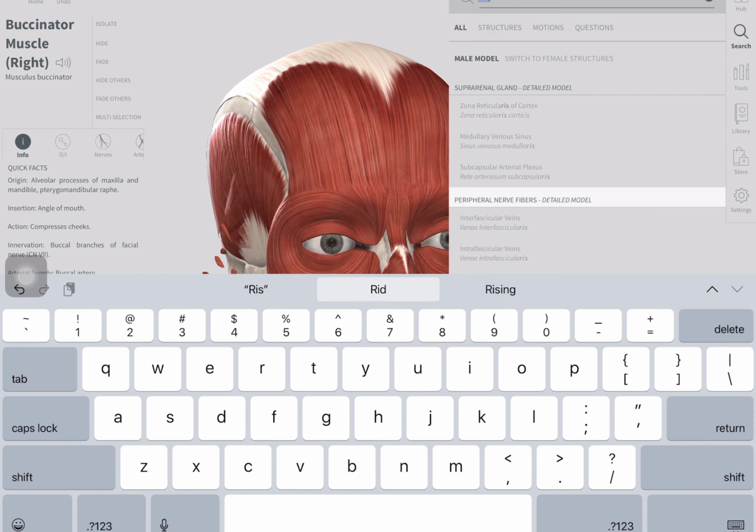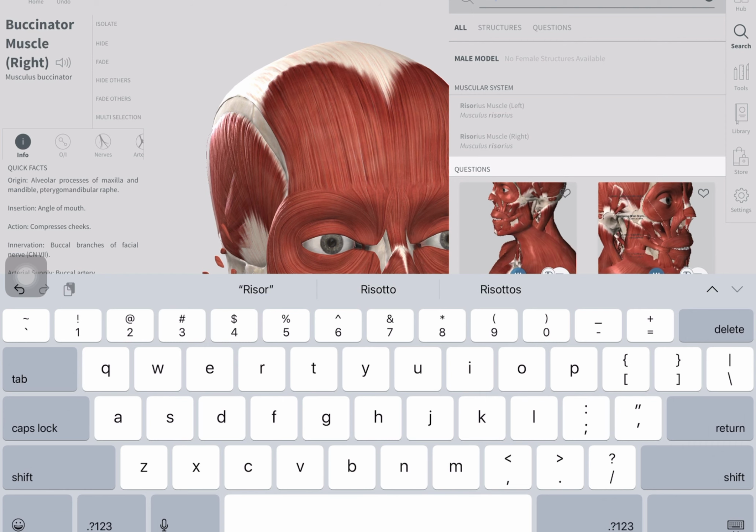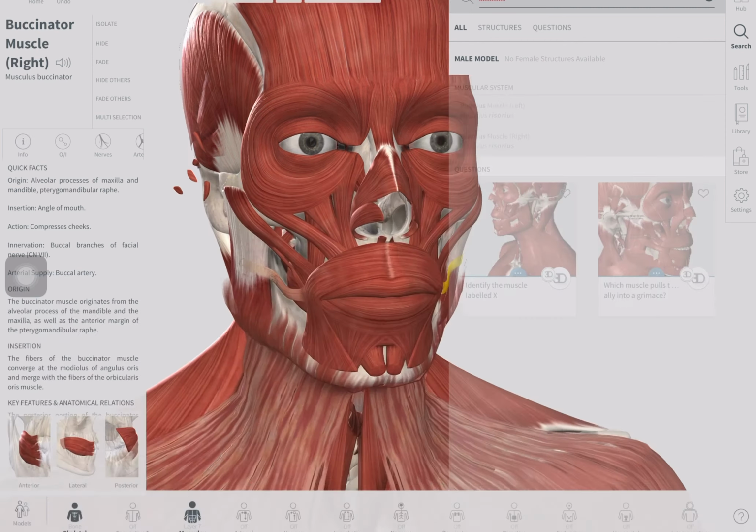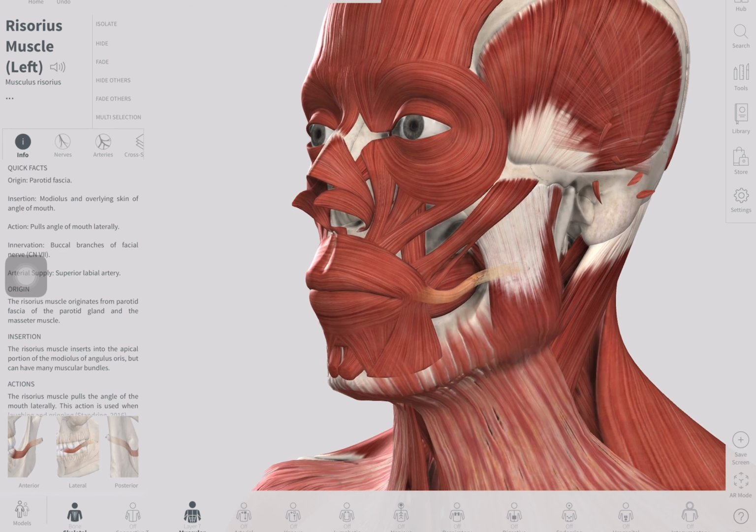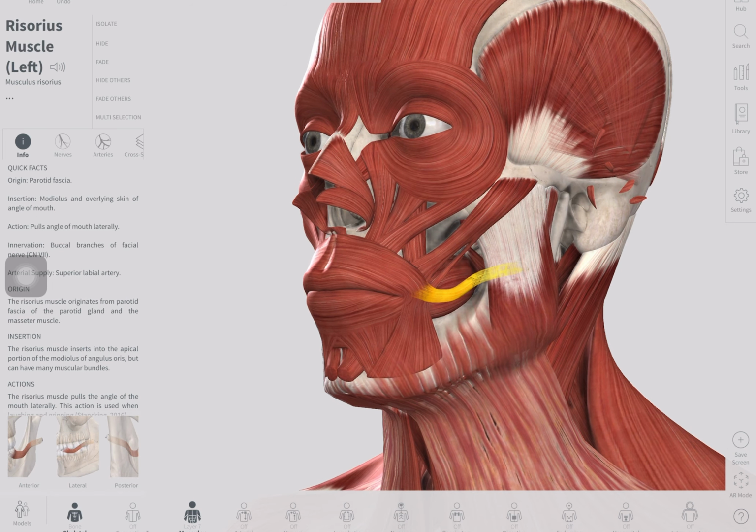So let's give it a try. Let's see. And there we go. And certainly it does come up, and you can see it right there, the risorius. Very small muscle. And it pulls the angle of the mouth laterally.